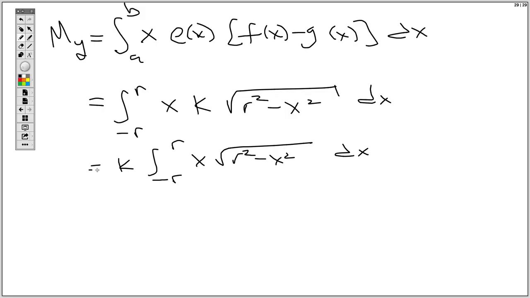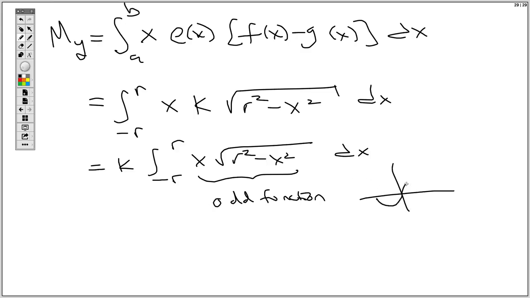Now at this point, you may want to jump in and do a u substitution, fine. But let's make an observation here. This is an odd function. If you were to graph this function, it would look like this, and I'm integrating from negative r to r.